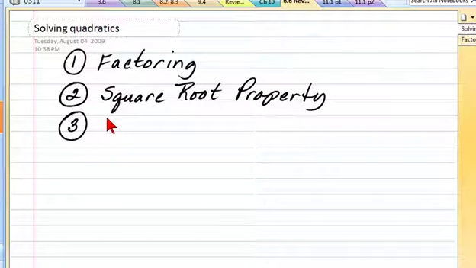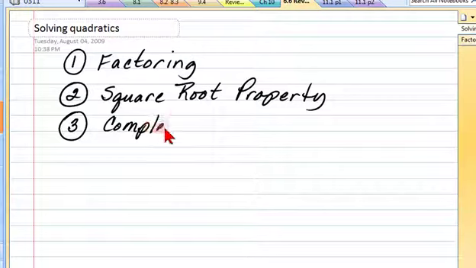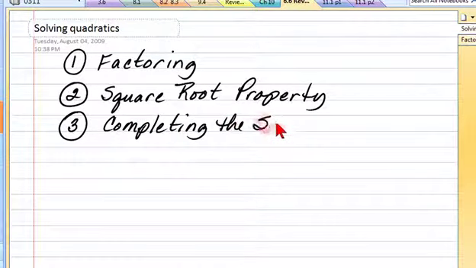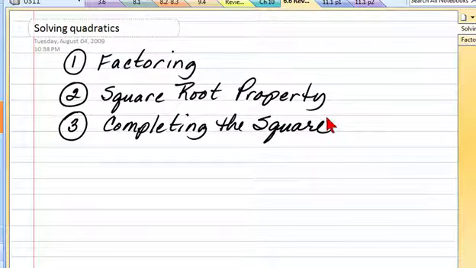Also in section 11.1 is a process called completing the square. The nice thing about completing the square is that it's a process that can be used to solve any quadratic. The bad news about completing the square is that it's a very tedious process.